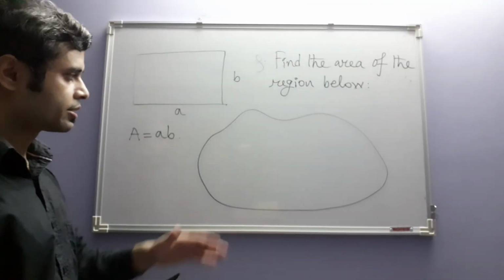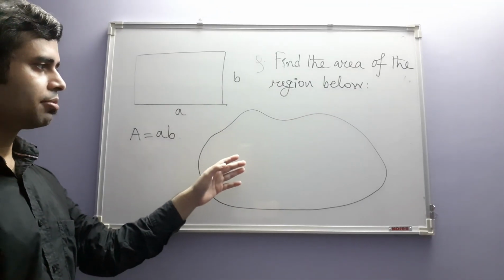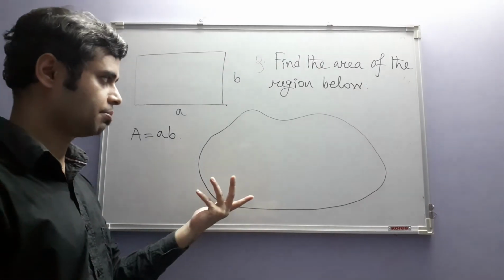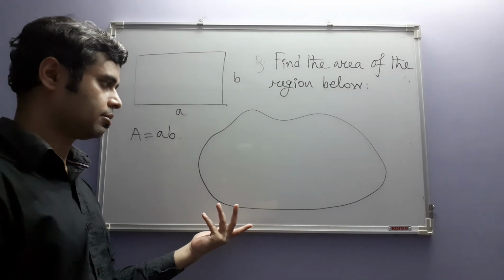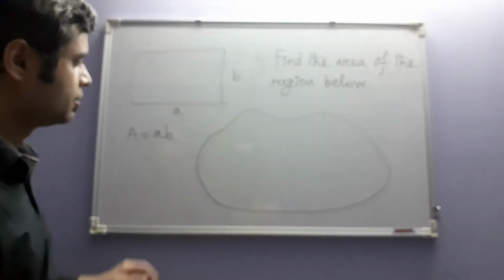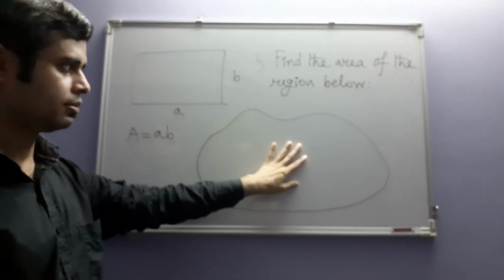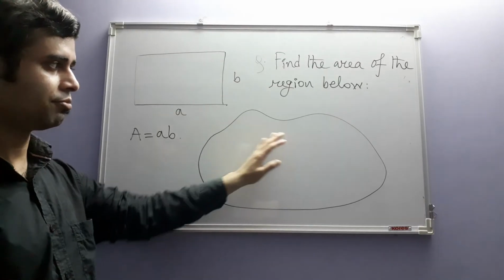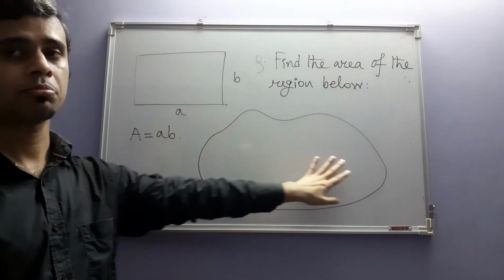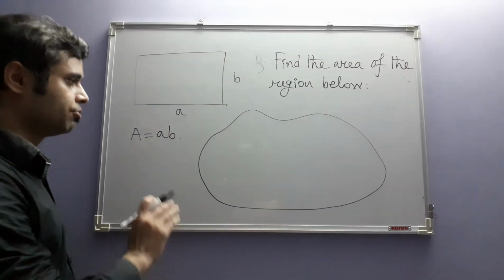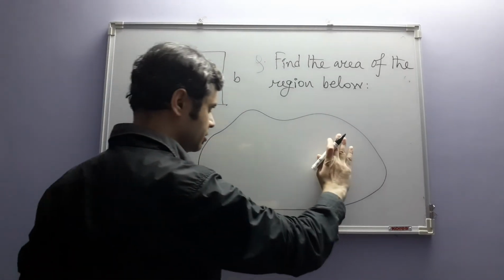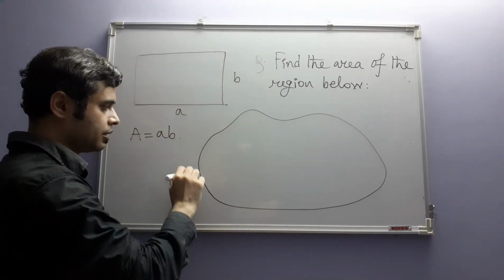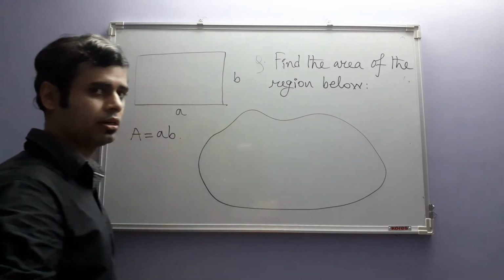It can arise, for example, as the shape of a lake, or a piece of land, for example a field, a golf course. If this is a golf course, then things will be somewhat different because golf courses are not plain. Anyway, we are considering here a plain region which is perfectly flat. However, the edge is irregular.